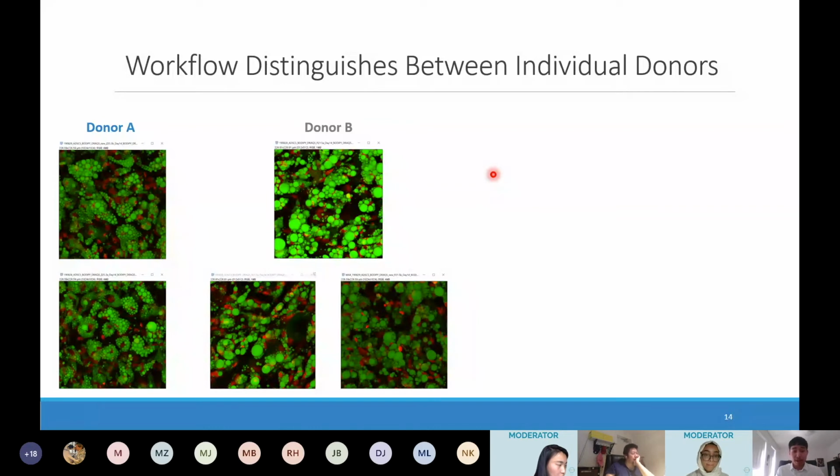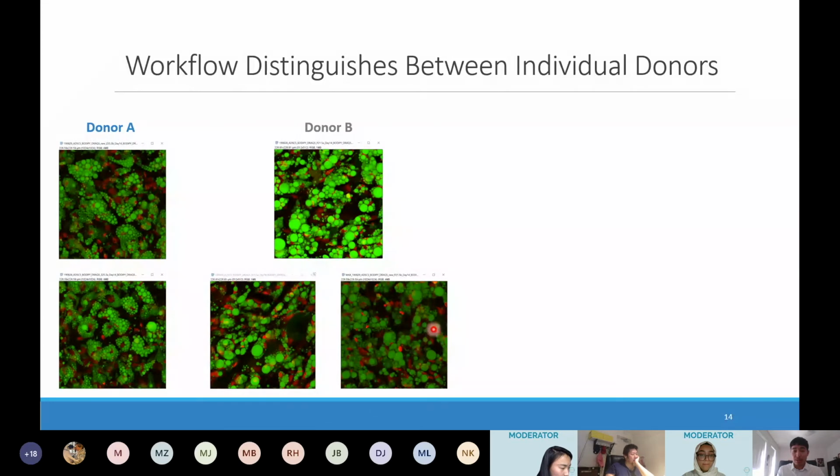So for instance, if we look at donor A images, we see that they have a lot more lipid droplets, and these lipid droplets are typically smaller, versus donor B, which has visually fewer lipid droplets, but some of these lipid droplets do seem bigger.